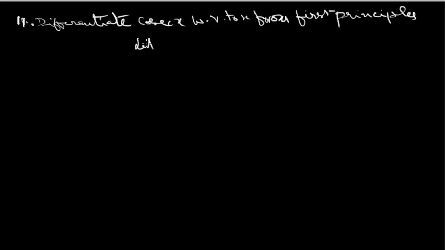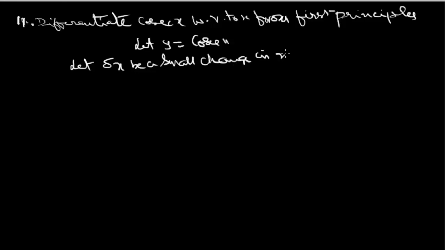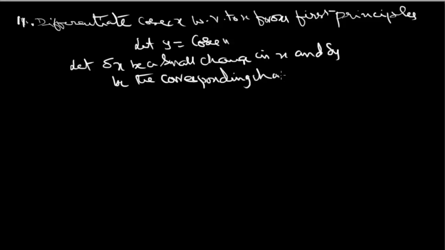Let y is equal to cosecant x. Let delta x be a small change, as usual, in x and delta y be the corresponding change in y.